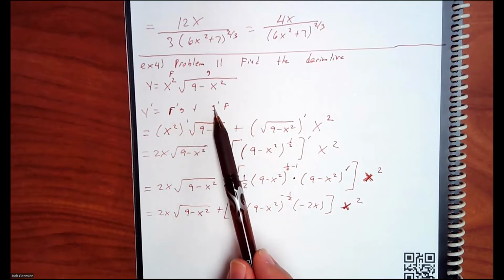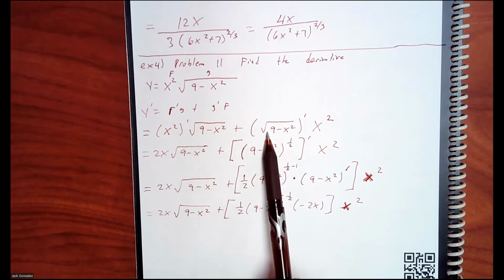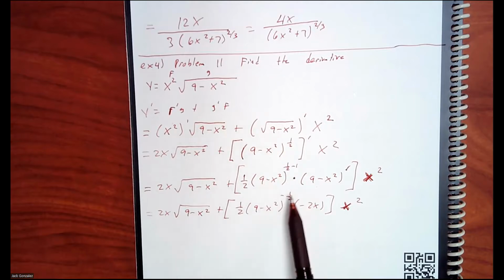But while we were doing g prime here, it required a chain rule, which is all this garbage. That's how you got the extra 9 minus x squared. So essentially we're doing, notice that, what is this derivative?